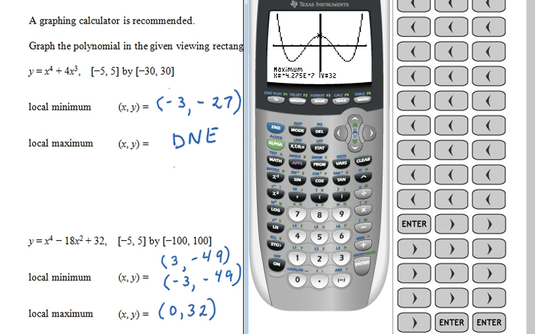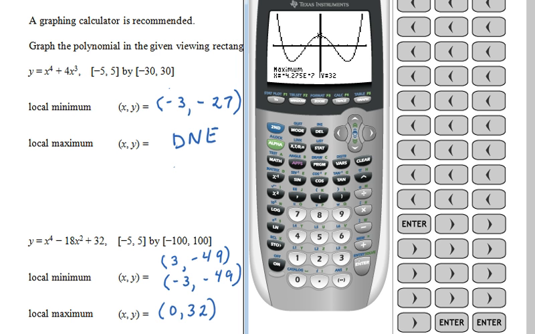But look what we get for the x value there. If you read it quickly, you think it's negative 4 point something. Well, you need to pay attention to the e to the negative 7. That means that the decimal point is 7 to the left of where you see it now. So it would be negative 6 zeros 4275.